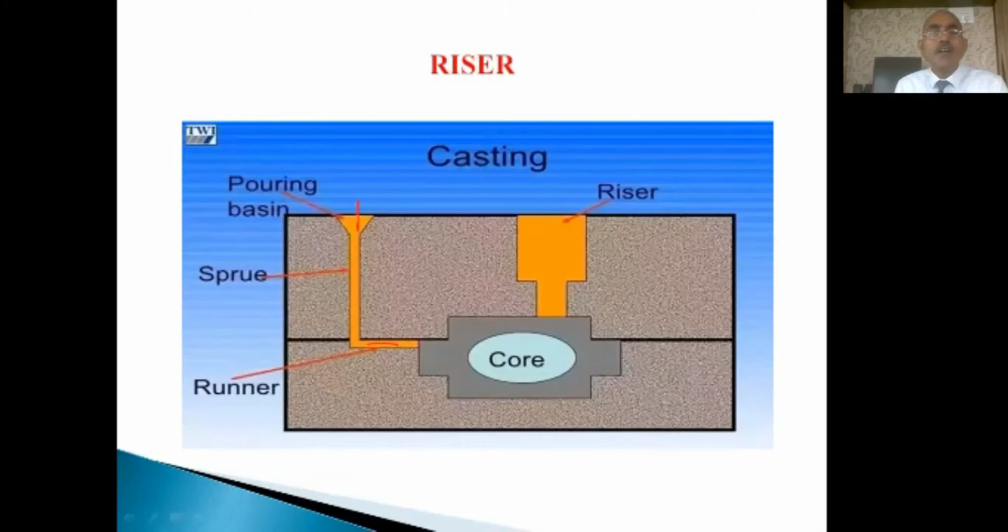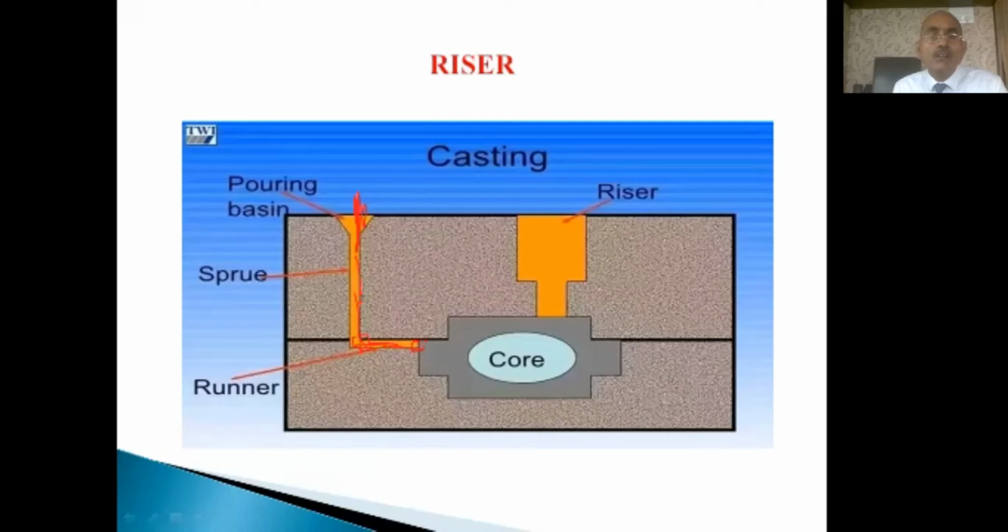We are pouring metal from here, and it is going through the sprue. Then this is the runner. The runner is horizontal here, and this is vertical. Now at this place a gate is required. And again this metal will enter from here through one gate. Again there will be a gate to enter this one.